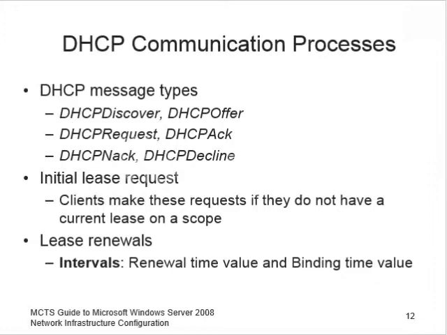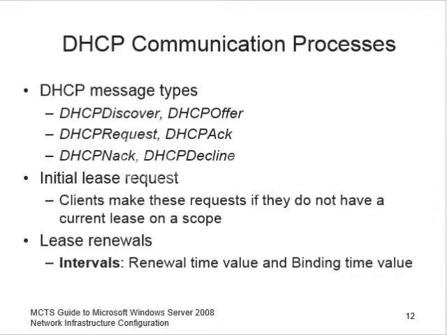Also, we have the DHCP decline that is sent by the DHCP client to a DHCP server, informing the server that the offered IP address has been declined. The DHCP client will send the DHCP decline message if it determines that the offered address is already in use. After sending a DHCP decline, the client must begin the lease or renewal process again.